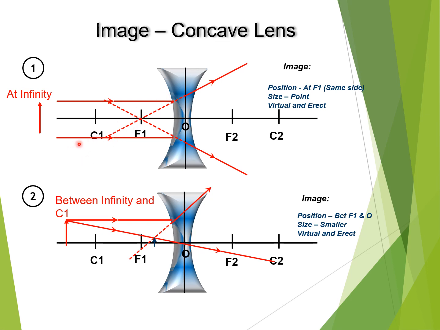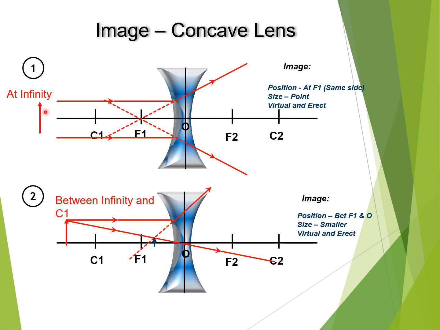Similarly, another ray at the bottom, if it is falling on the concave lens, it is again getting diverged. If you extend that behind, it also will appear to be coming from focus. So the image shall be formed at focus point, but it is going to be imaginary because actually the rays are not meeting here. These appear to be meeting here.